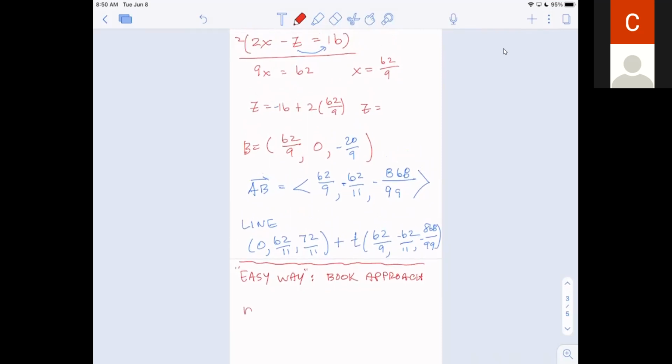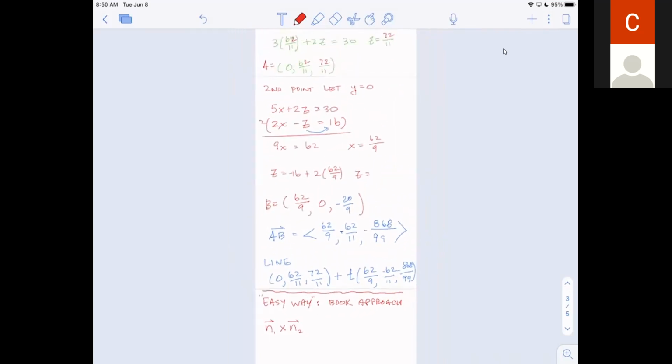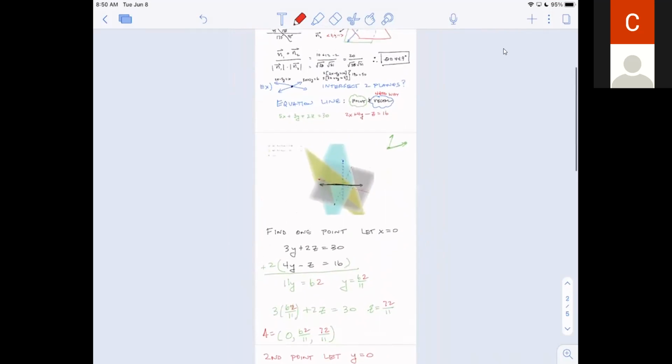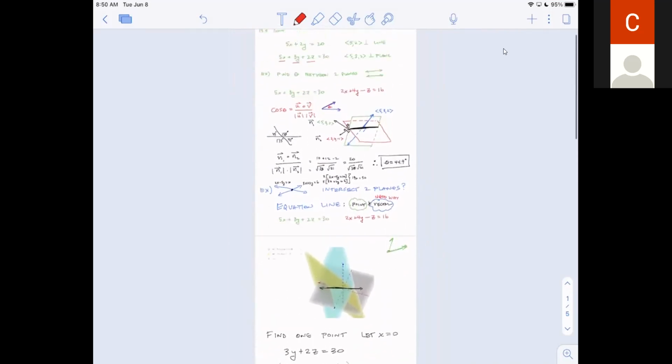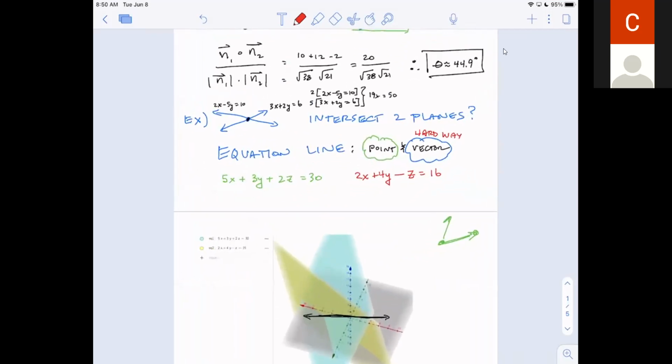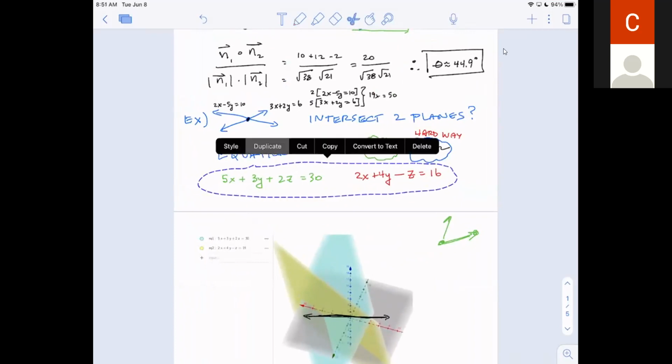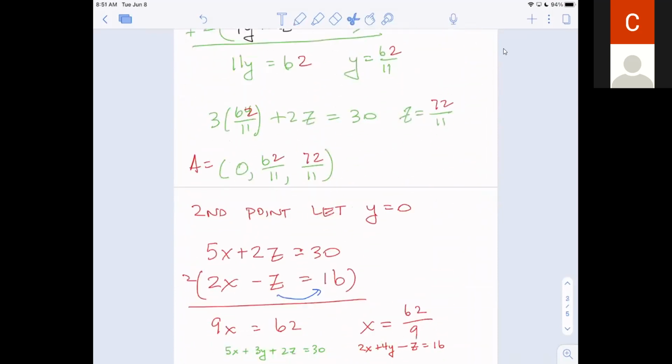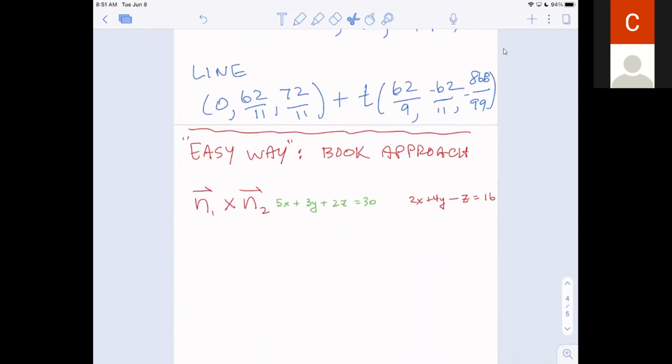What am I getting if I take normal vector cross normal vector? What does a cross product produce? Is it the vector perpendicular to those two? Yeah, it's a vector perpendicular to those two. Why is that of interest to us?